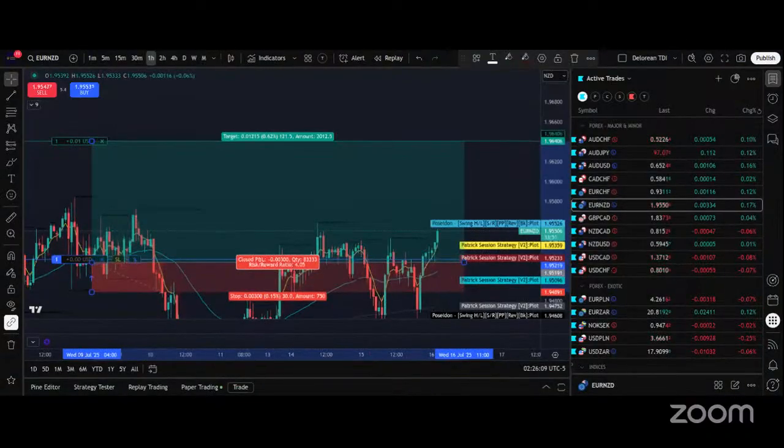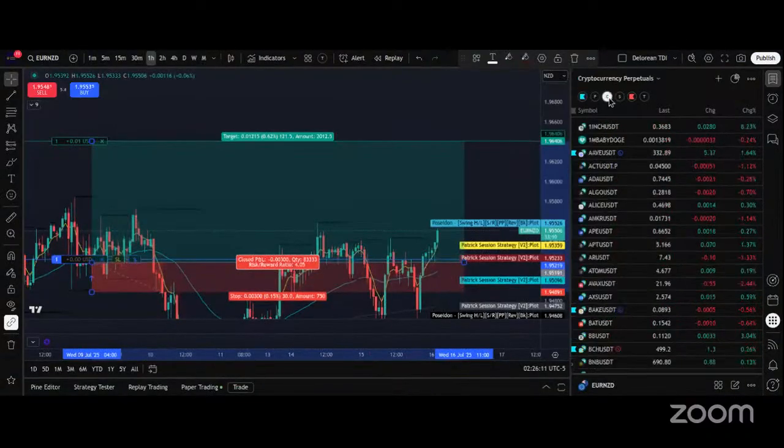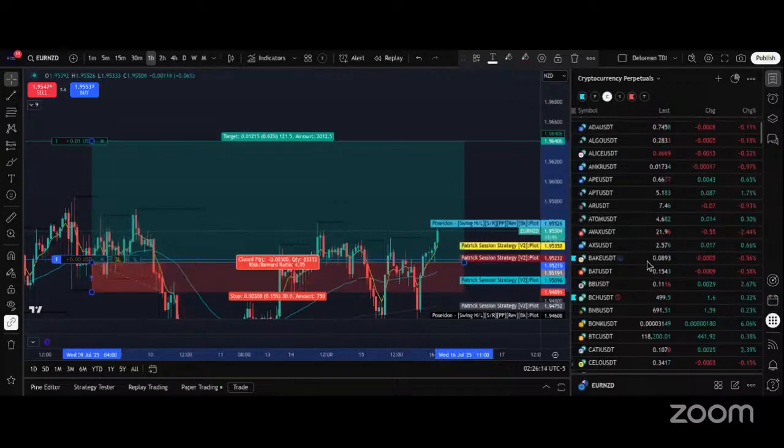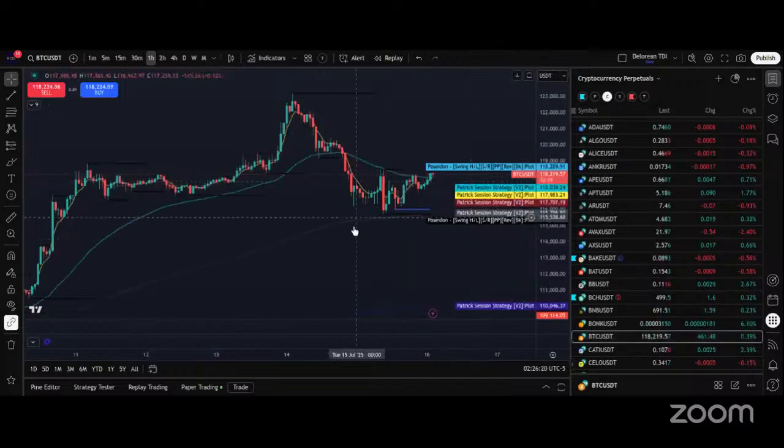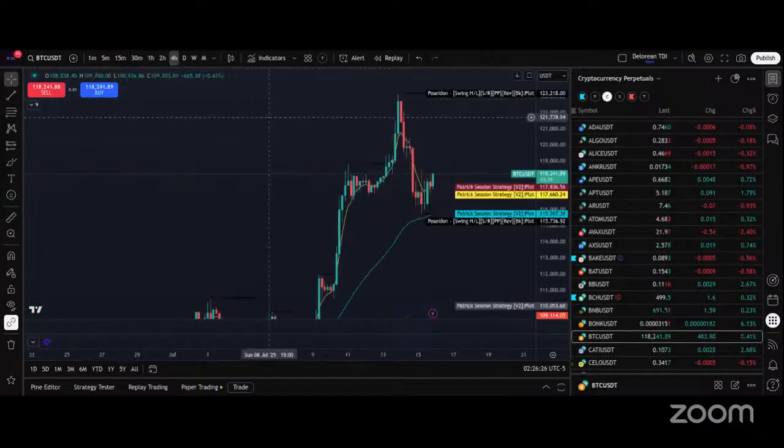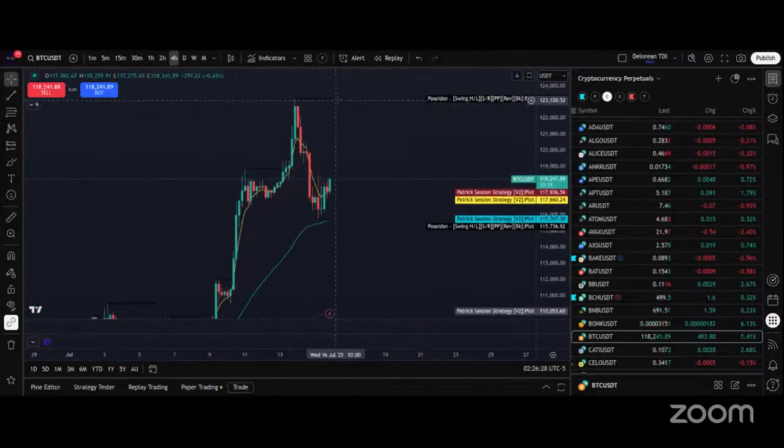117,000. Let's go and take a look at that. It's a little up to 118,219. But it did get pretty smashed. It's a little 4 hour. Here's your all-time high at 123,218.